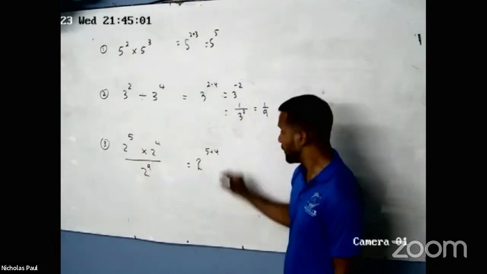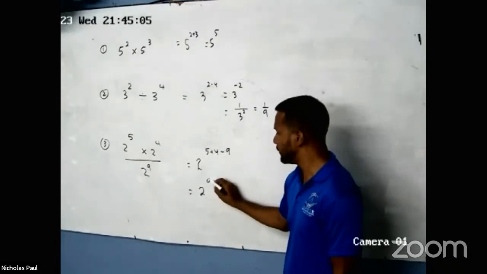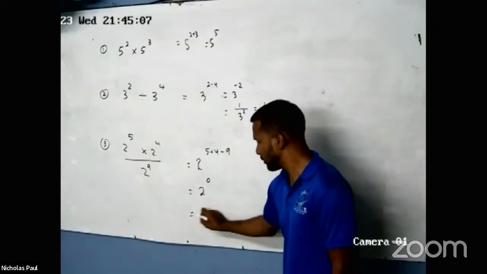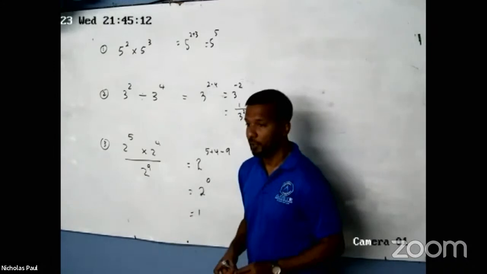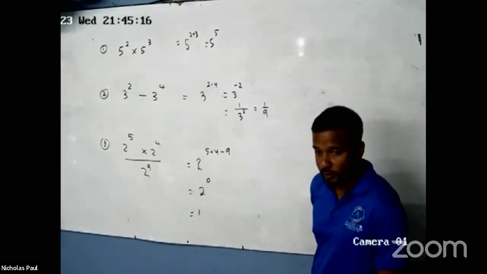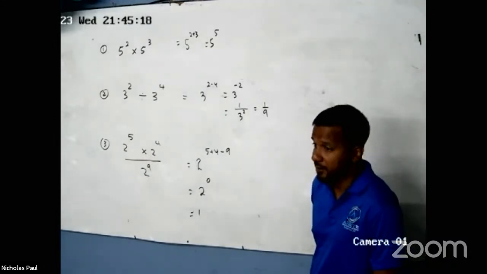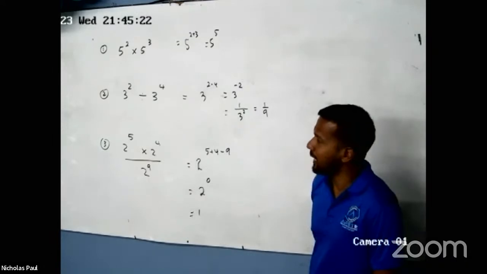So we add 5 plus 4 and we minus the 9. So that'll be 2 to the 0, which is 1. Are you okay with that? 2 to the 0 is 1. Everybody okay with that? Right? So that is your simplification, right?